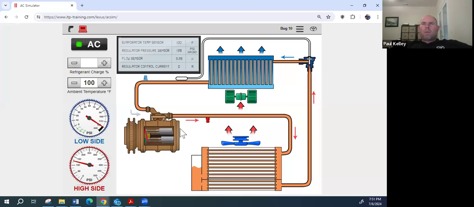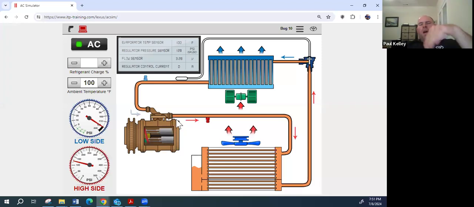So this one may or may not have a clutch, but if it's a variable displacement, it's gonna actually not make those pistons do full stroke. So if the pistons aren't stroking, don't you think the low and the high side are gonna be the same? Because they're not stroking. This compressor is basically inoperative.